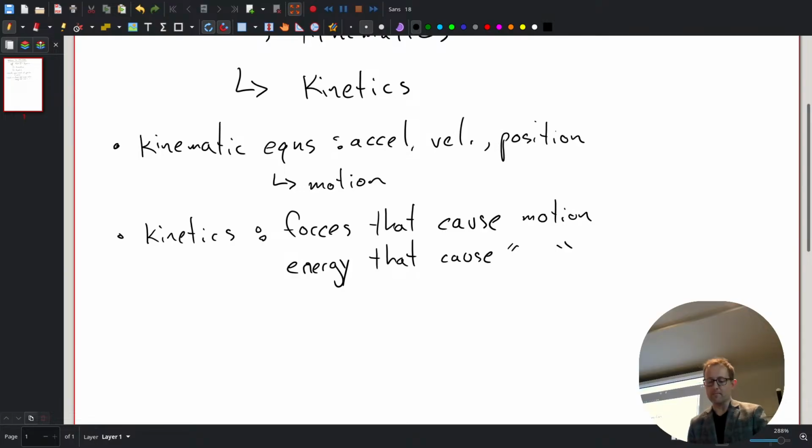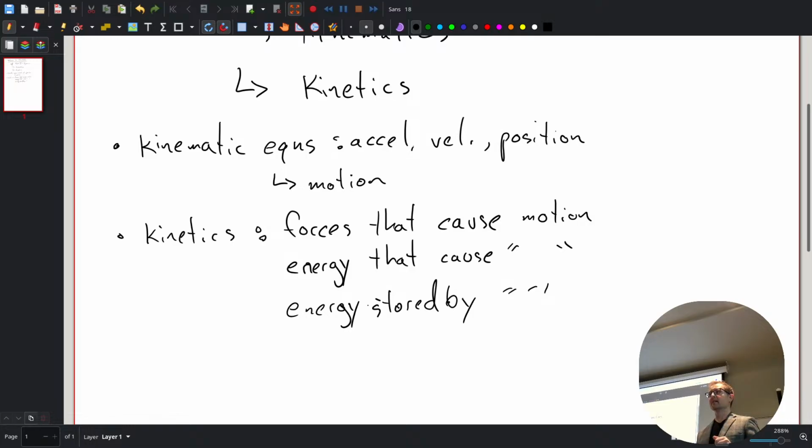Energy stored by motion, or stored by... how do we think? Storing energy, causing it, causing motion. Do we have a distinction, or are they all kind of the same thing right now still?